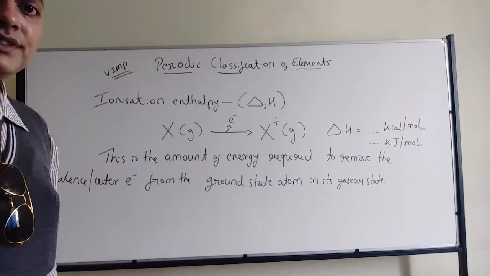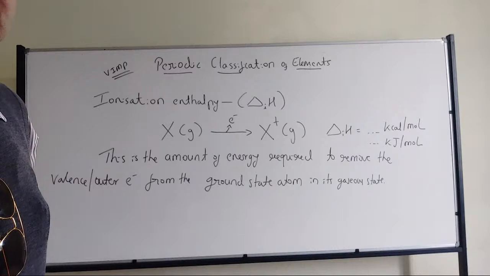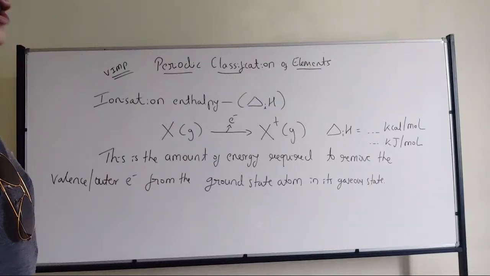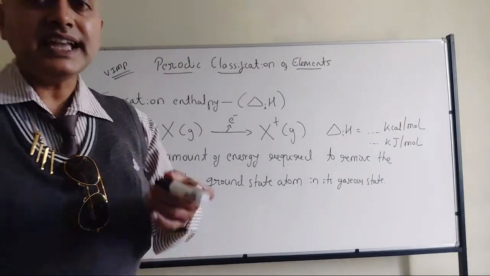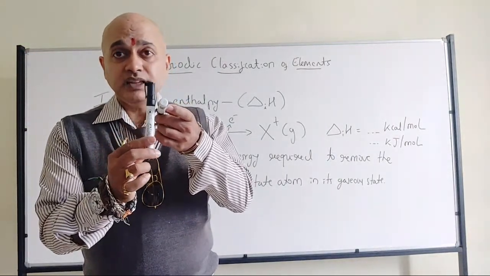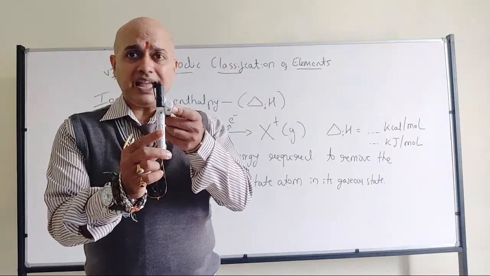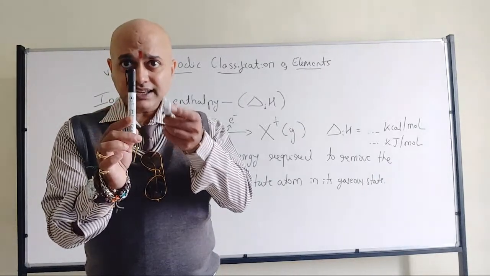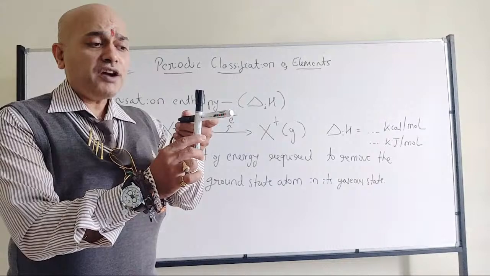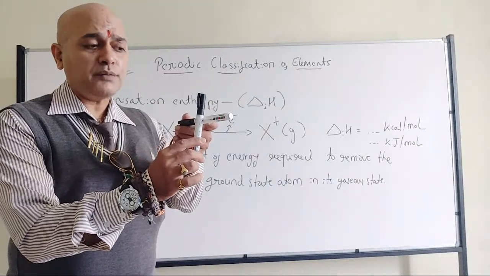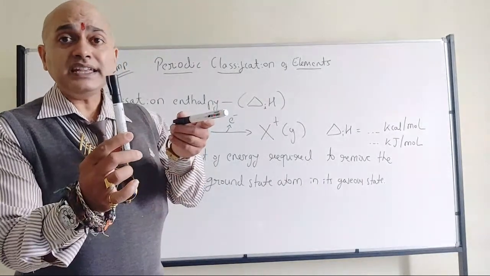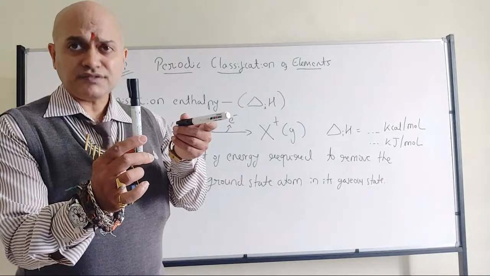So that's where we have the ionization enthalpy. Say, for example, once again I will take the example of a magnet and an iron nail. Imagine this iron nail is attached to the magnet. If I want to take it out of the magnet, I have to apply energy. Then only I can take the iron nail out from the magnet surface.